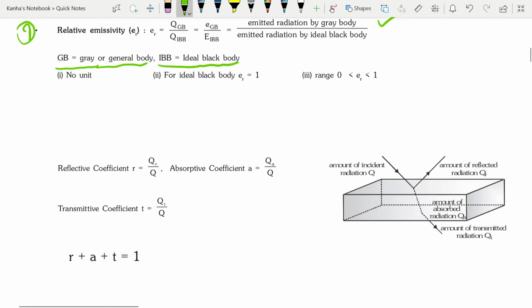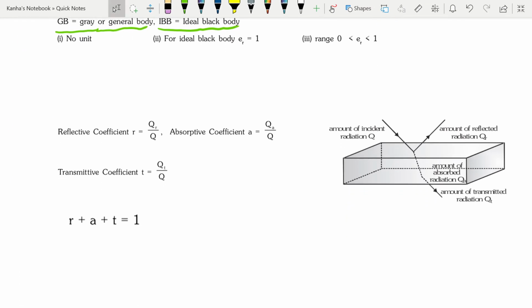With these quantities, there is a basic relation between them. These are three coefficients. The first one is the reflective coefficient, the second one is the absorptive coefficient, and the third one is the transmittive coefficient.